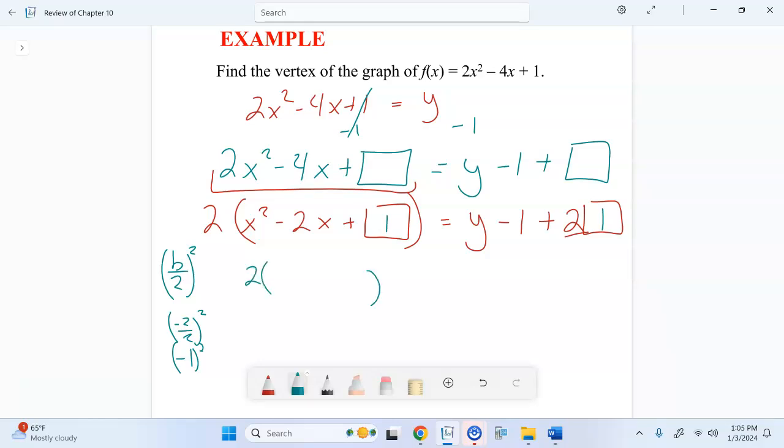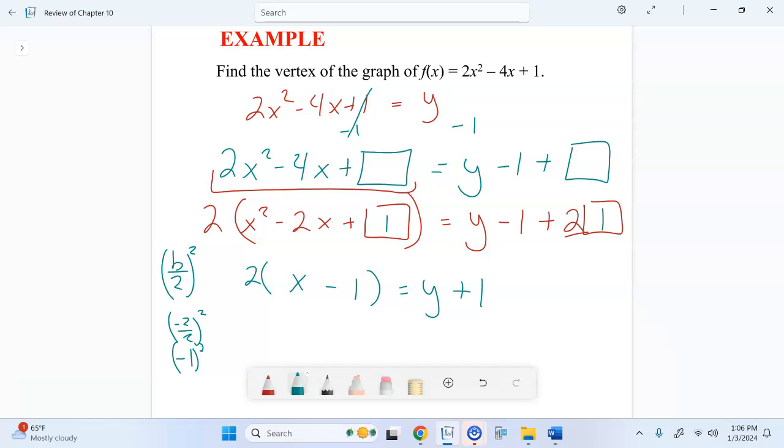All right. In parentheses, what will my factor be? Minus 1. See how we had a negative 1 here before we squared it? X minus 1. The right side: 2 times 1 plus negative 1 gives me 1.